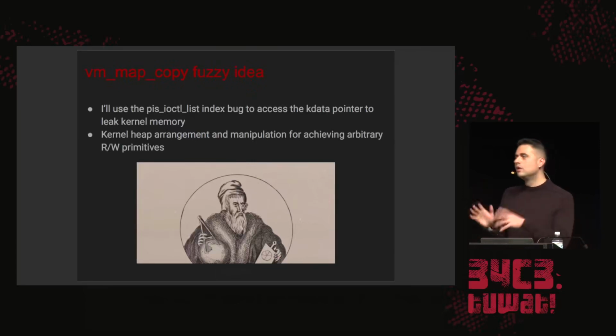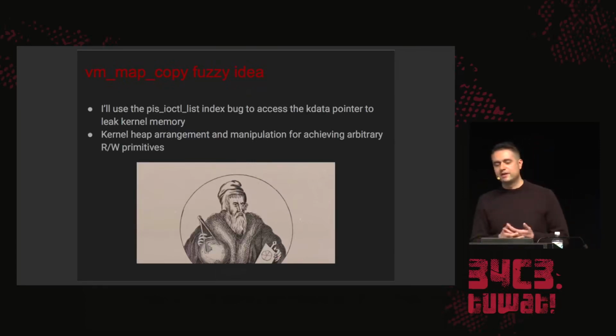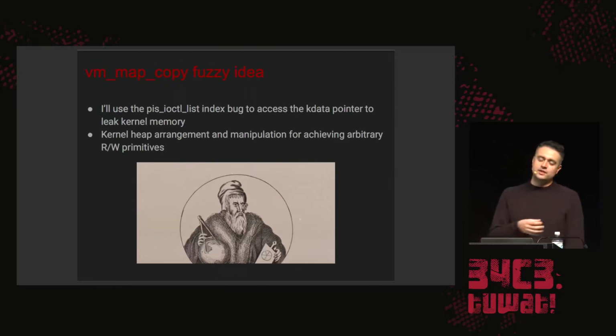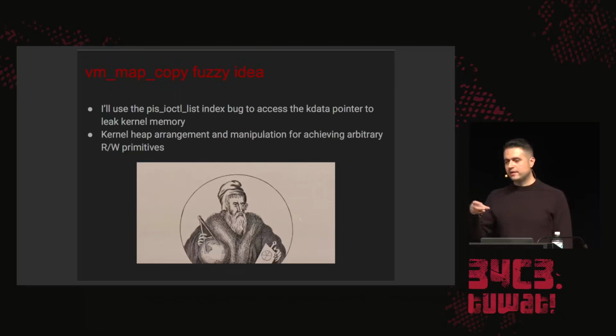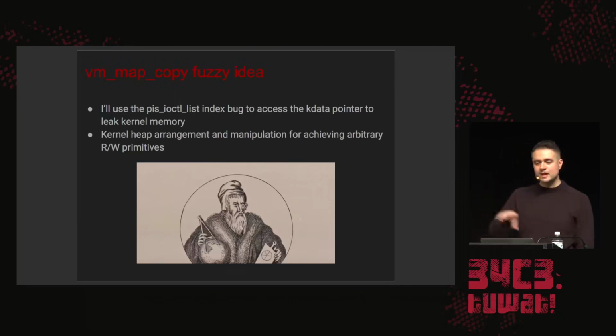Of course, the end goal is to have arbitrary read-write, right? And it was just a fuzzy idea at that point, and that's always the goal, but when you study the bug and you see the different code paths and how the things you affect are used, then you have some maybe not completely concrete things in your mind, but you know that interesting things can happen. So that's what I had at that point.